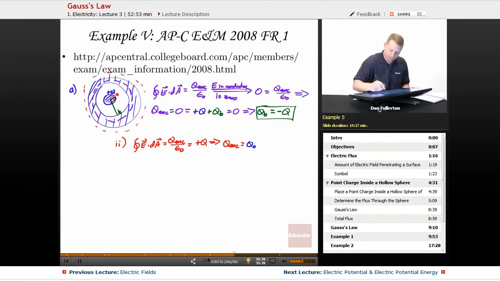We have our QB, and we now have our QC, which is what we'll call the charge on the outside of that sphere.